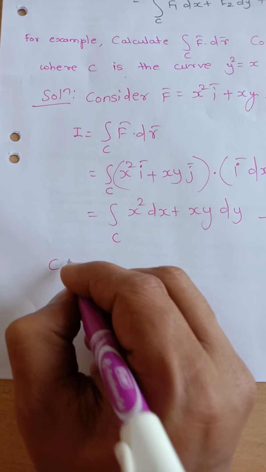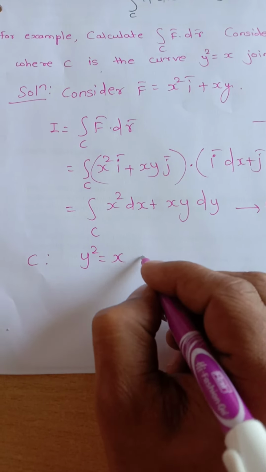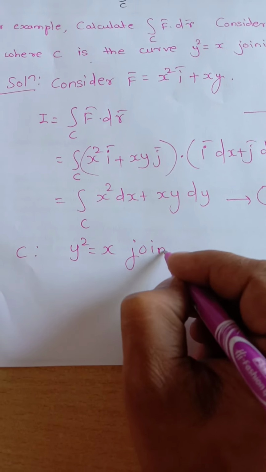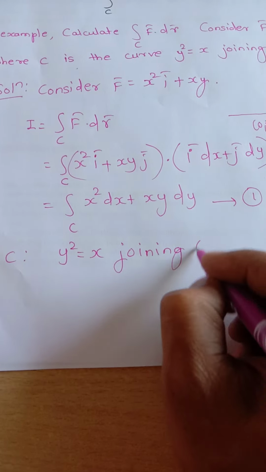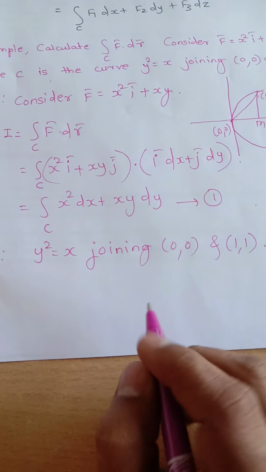So C is the curve y square is equal to x, joining the points 0 0 and 1 1.